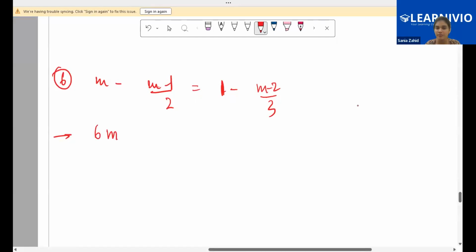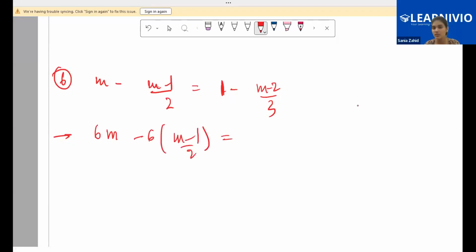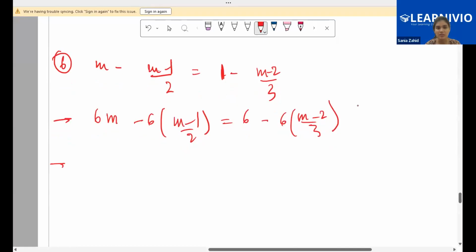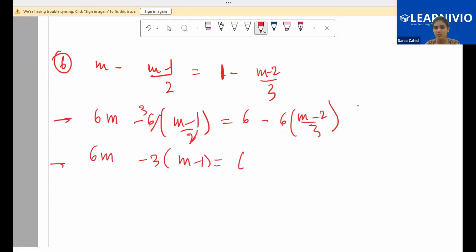So 6m minus 6 into (m minus 1) by 2 is equal to 6 into 1, which is 6, minus 6 into (m minus 2) by 3. So this becomes 6m, you cancel this, becomes 3 minus 3(m minus 1) is equal to 6 minus, you cancel this, you get 2(m minus 2).